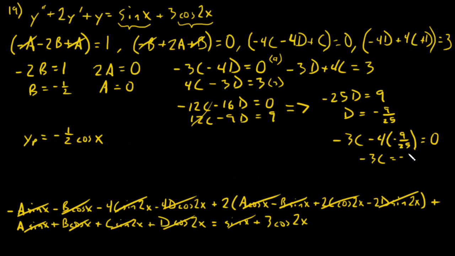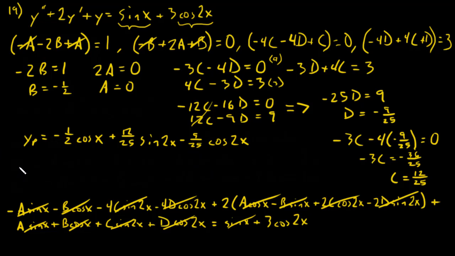So equals negative 36 over 25. Divide by negative 3, I get c is equal to positive, it's going to be what, 12 over 25? I think so. Alrighty, so plus 12 over 25 sine 2x. And then the last one is my d, so minus 9 over 25 cosine 2x.